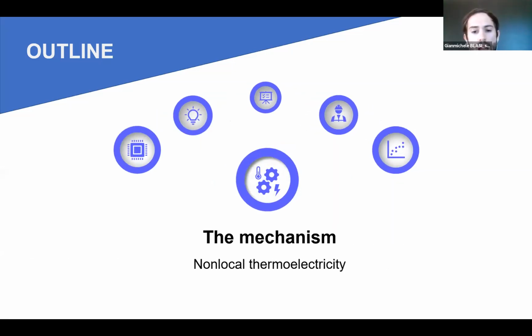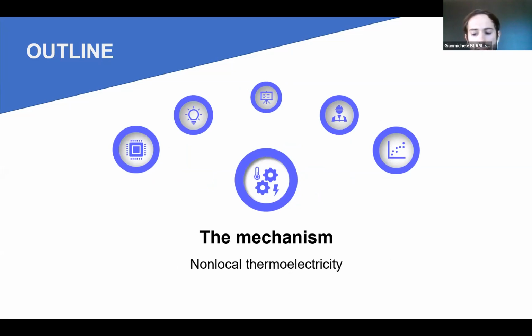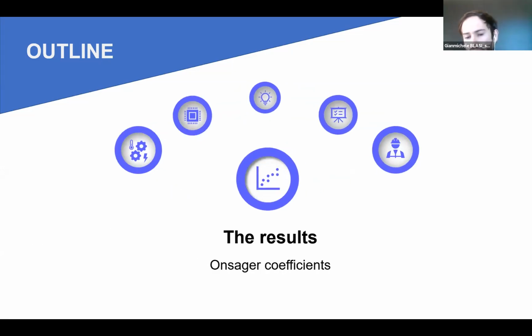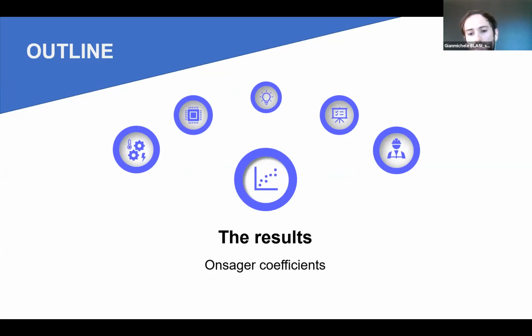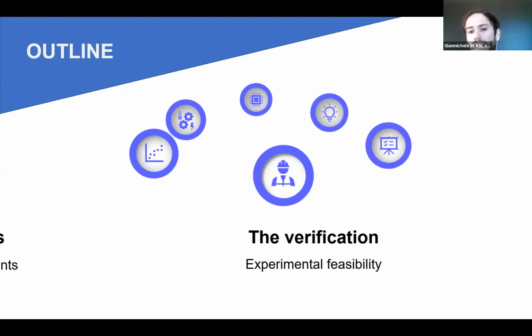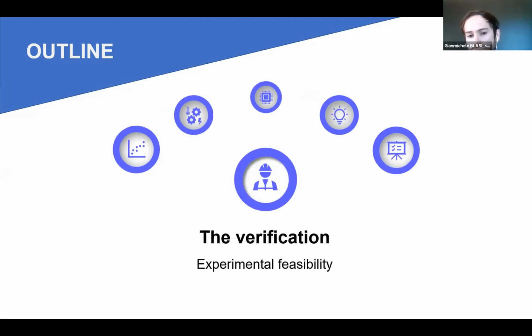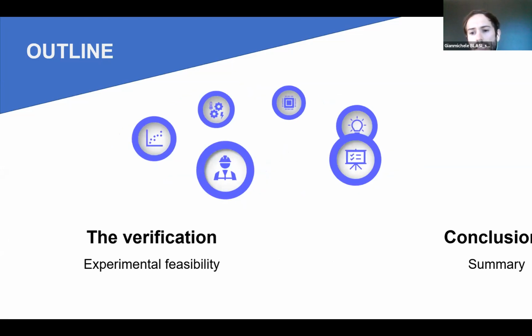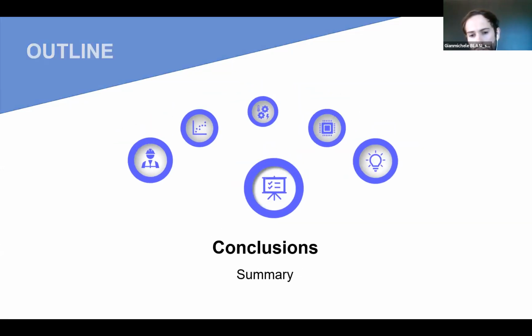Then I will describe the physical mechanism which induces this non-local thermoelectricity inside the probe by applying an external thermal bias between the two superconductors. Then I'll quantify this response in the linear response regime by showing you the Onsager coefficients. Then I'll present some useful experimental facts and draw some final conclusions.